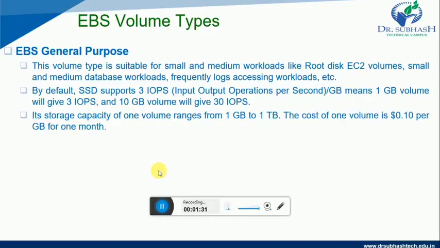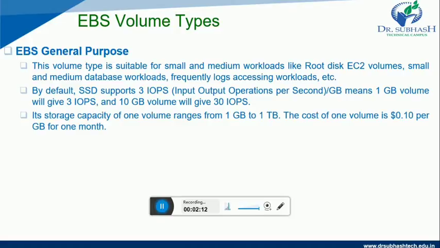Now we would like to see the Elastic Block Store volume types. The first one is EBS general purpose. This volume type is suitable for small and medium workloads like root disk EC2 volumes, small and medium database workloads, frequently accessed log workloads, etc. By default, SSD supports 3 IOPS, that is input output operations per second, per GB, meaning a 1 GB volume will give 3 IOPS and a 10 GB volume will give you 30 IOPS.